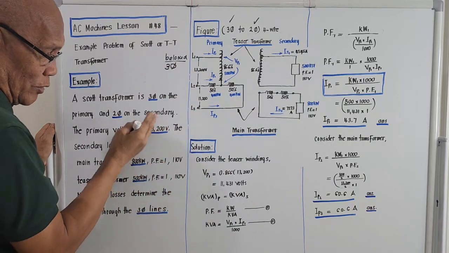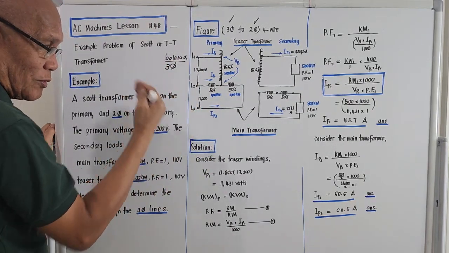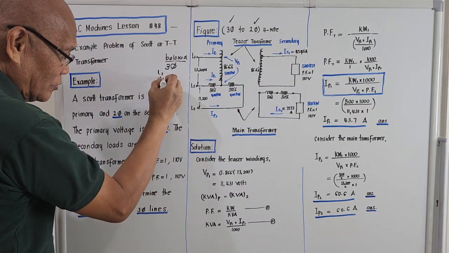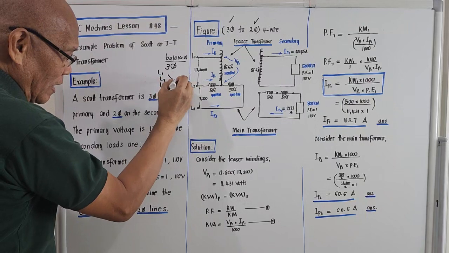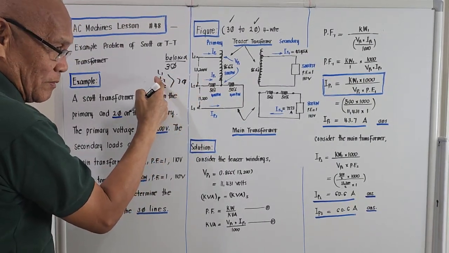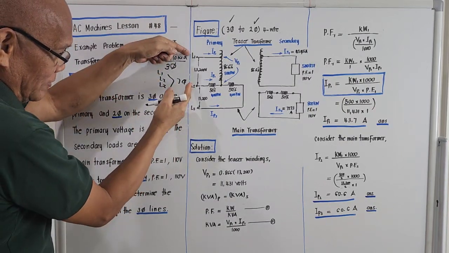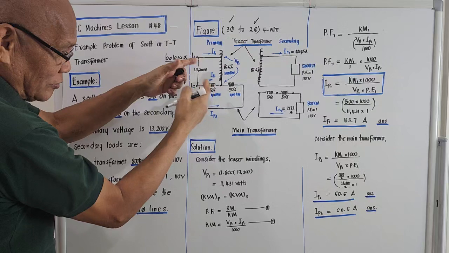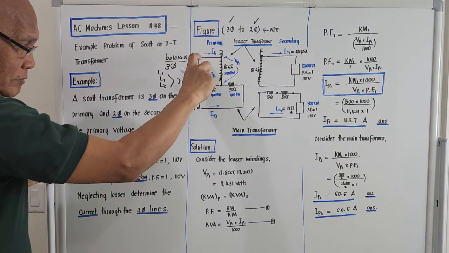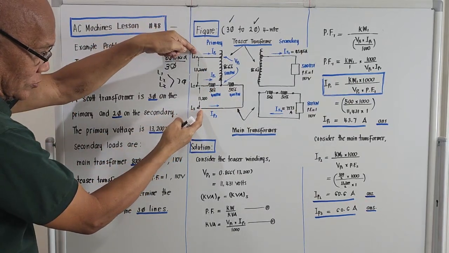So we could inject a voltage coming from the transmission line. We have line 1, line 2, and line 3, balanced three-phase. We could connect balanced voltages from the transmission line to the primary lines of the Scott or T-T transformer. This is 13,200, this is 13,200.